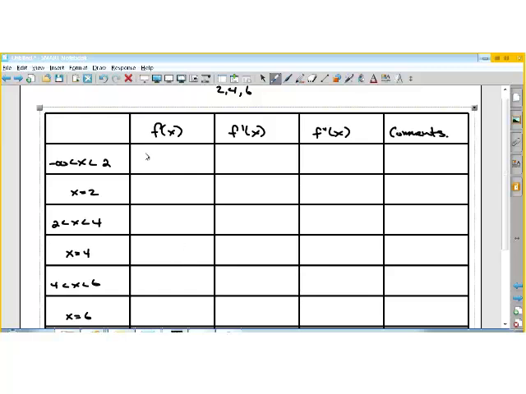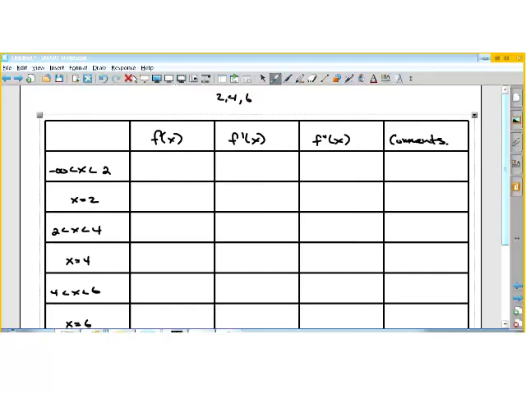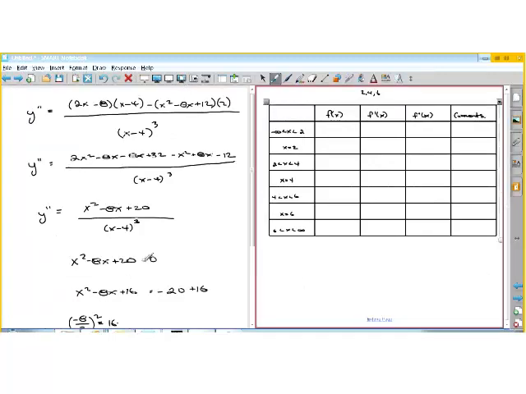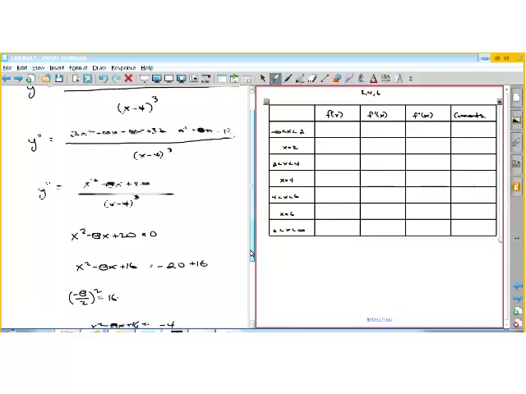Okay, so let's start with the second derivative first. What happens is that because there are no real solutions here, this never goes to 0, so it's either always got to be positive or always negative. So we could plug 0 in there. And if you put 0 in there, you get 20.